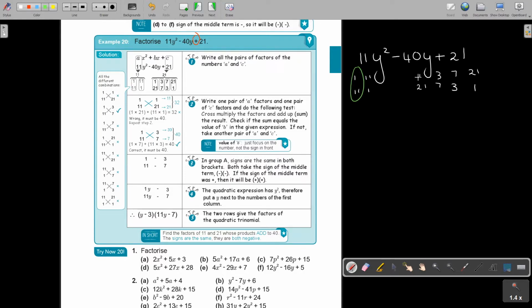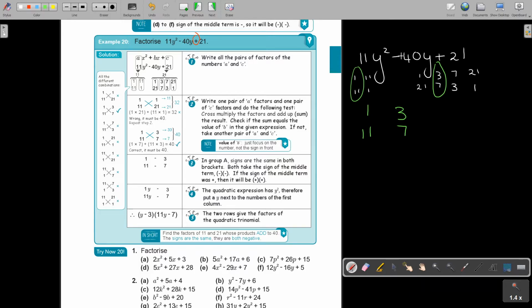You take this one, you test, because you must cross multiply and then add. Okay, now if I look at this one, 21 plus, no. If I look at, oh, this is nice. I like this one. Because it's 1 and 11, 3 and 7. So this is 33 plus 7, which is that 40.